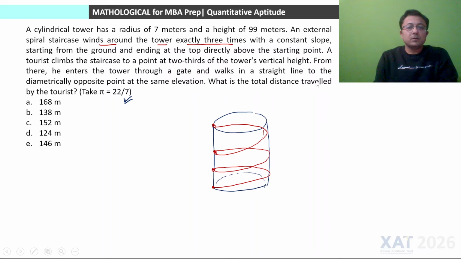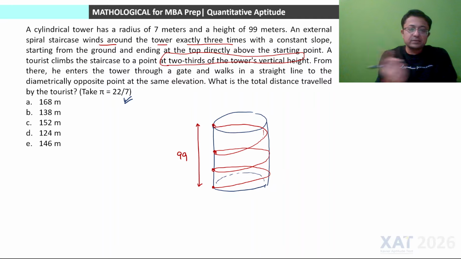Okay, so one of the tourists traveled to a point at 2/3 of the tower's vertical height, and then from there he enters the tower through a gate and walks in a straight line to the diametrically opposite point at the same elevation. So total height is equal to 99, so he has only gone to 2/3 of the height.